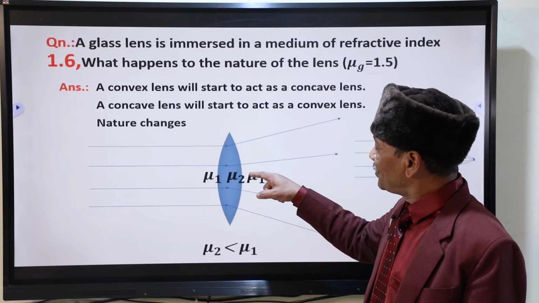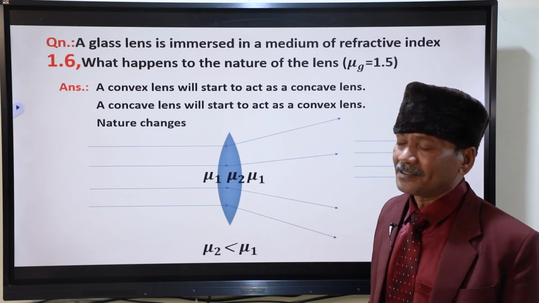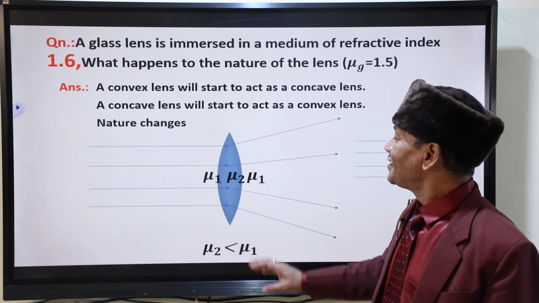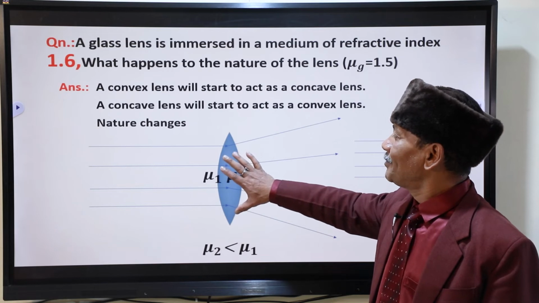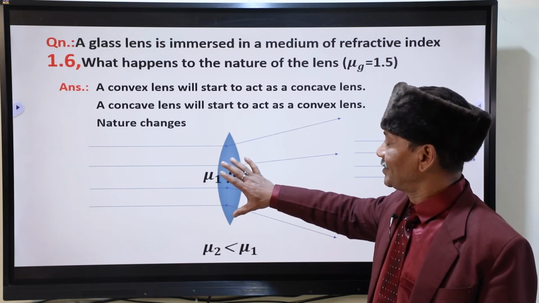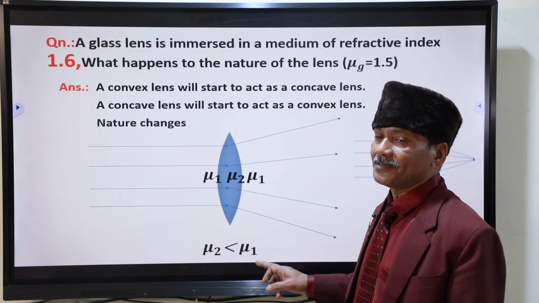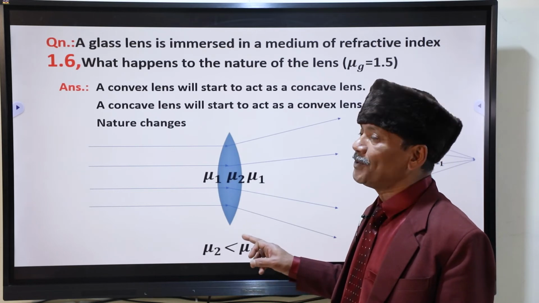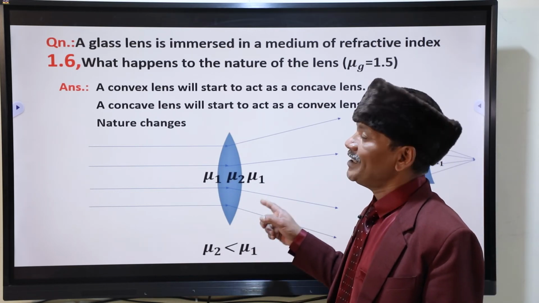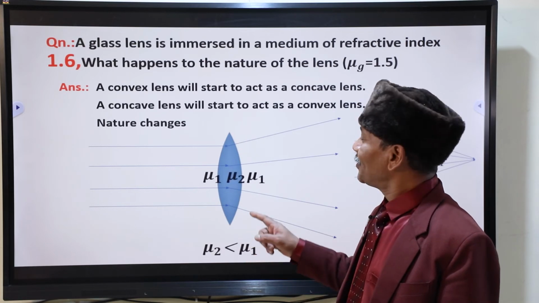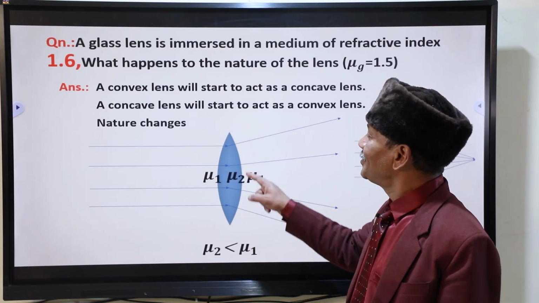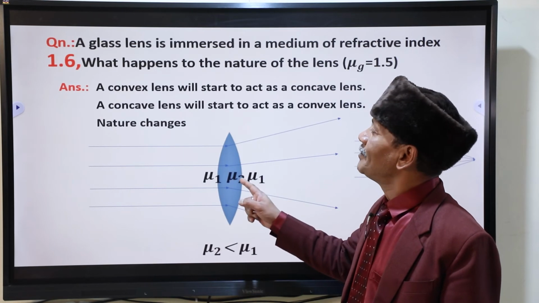But when mu2 is less than mu1, means the refractive index of the material of the lens is less than mu1, mu2 minus mu1 will have negative sign. So the convex lens will start to act as a concave lens.